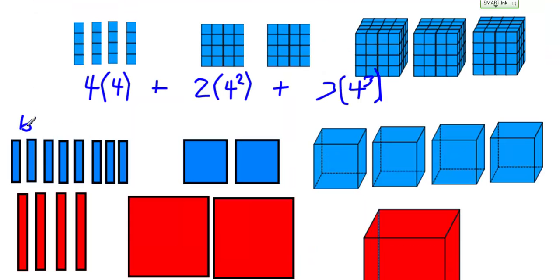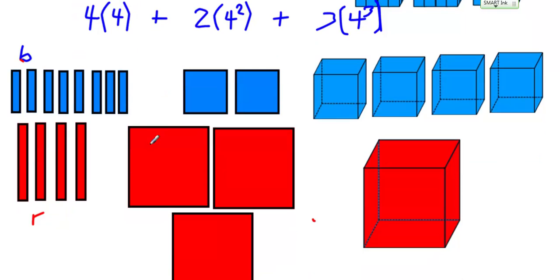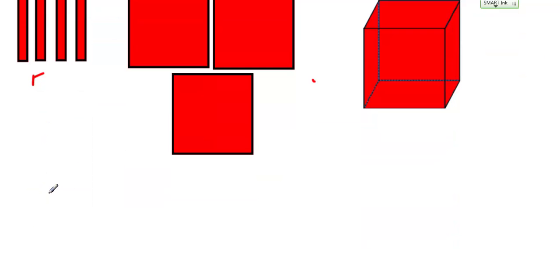It could be any value, but we do know we have 1, 2, 3, 4, 5, 6, 7, 8 of those. So if we're going to write an expression that's going to combine everything we see here in this image, we have 8 of the blues. So let's write that down. We have 8 blues.